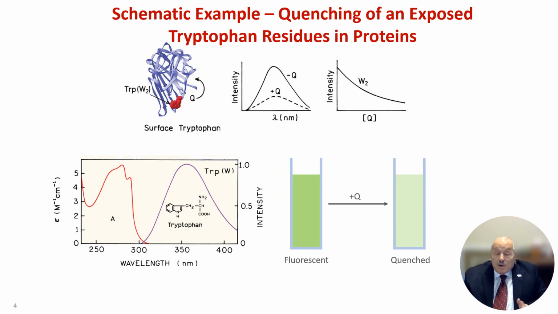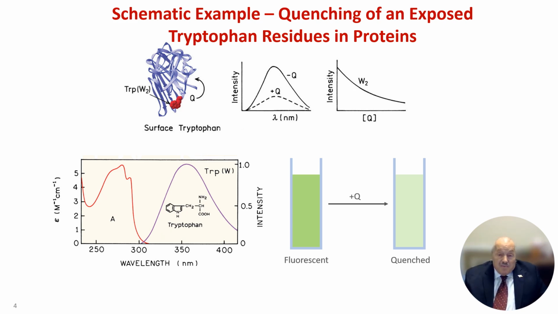So what is quenching? Quenching is really any process that decreases the intensity of the fluorescence. So let's say we have a protein and it has a fluorescent residue on the surface. In the case of a protein, it would be a tryptophan. In the absence of quencher, it would have a higher intensity than in the presence of quencher.